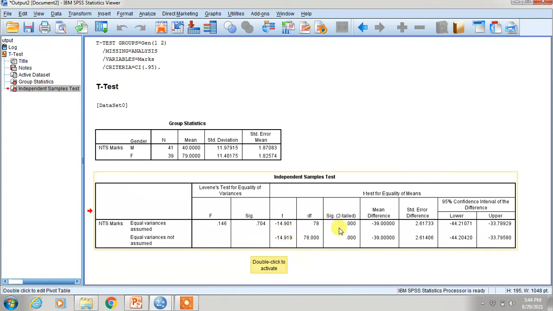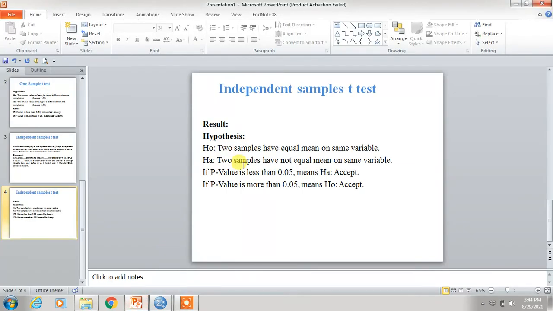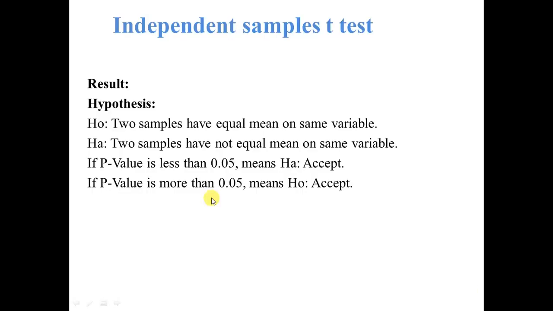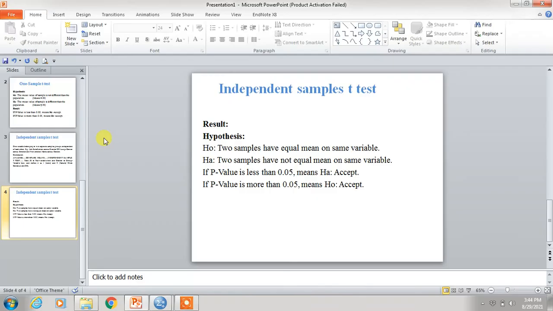If the p-value is less than 0.05, it means you are supposed to consider the alternate hypothesis, that the two samples do not have equal mean on the same variable, meaning male and female do not have the same score. So in this case the alternate hypothesis is accepted while the null hypothesis is rejected.